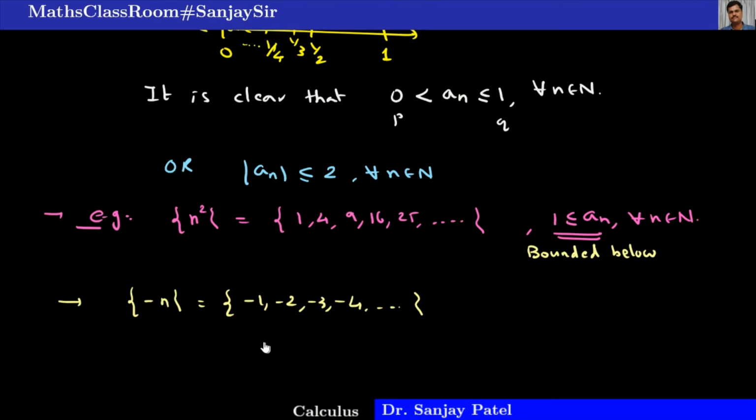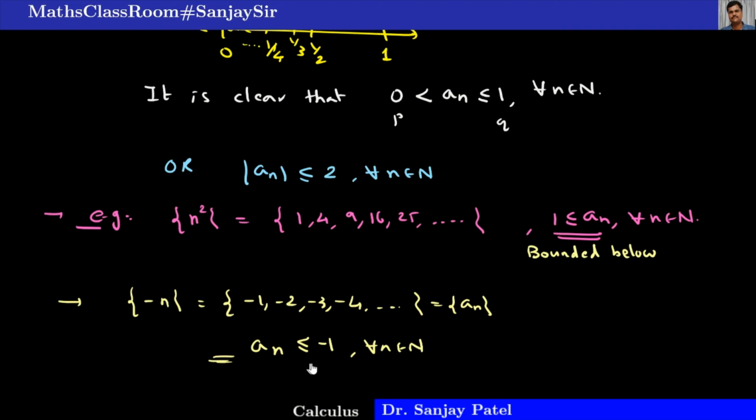So I can write that all the terms of this sequence, if I call it a_n or t_n, whatever, a_n is always less than or equal to minus 1. But there is no lower bound here because these terms are decreasing indefinitely. So this is true for every n belongs to N.